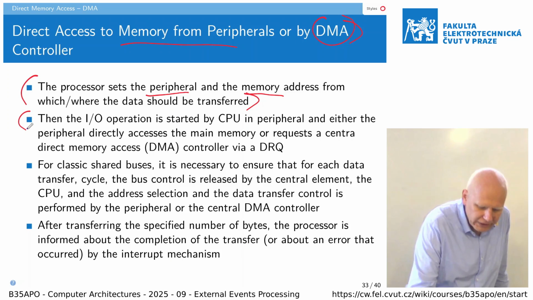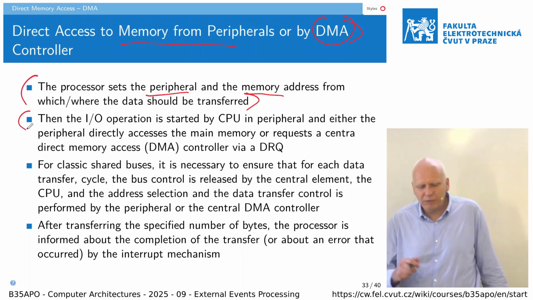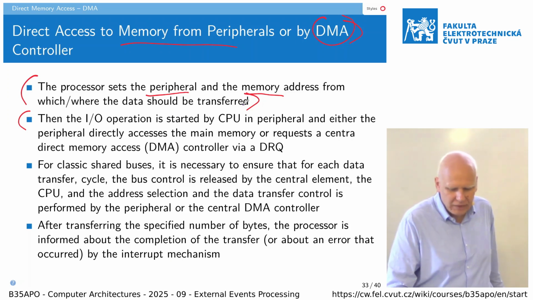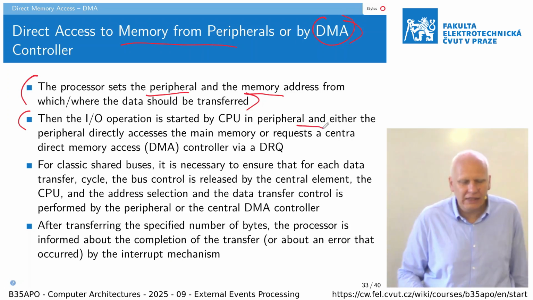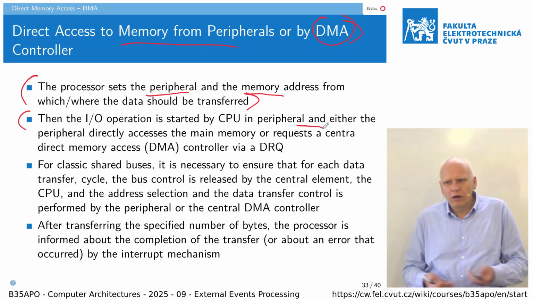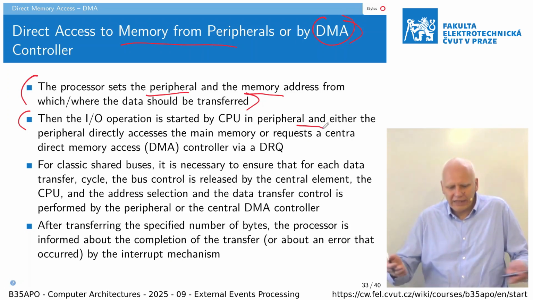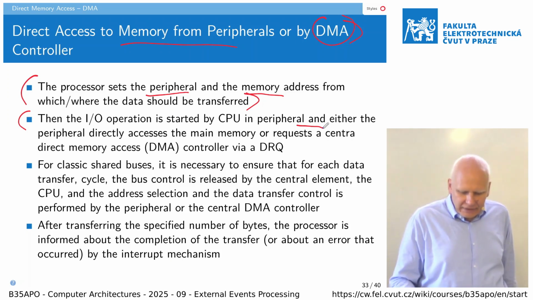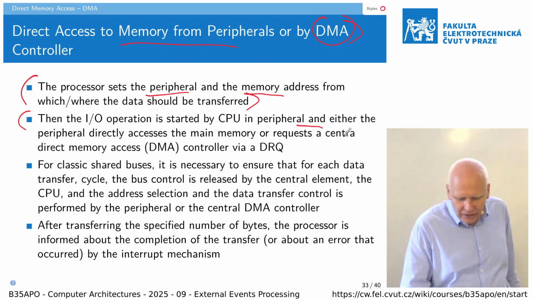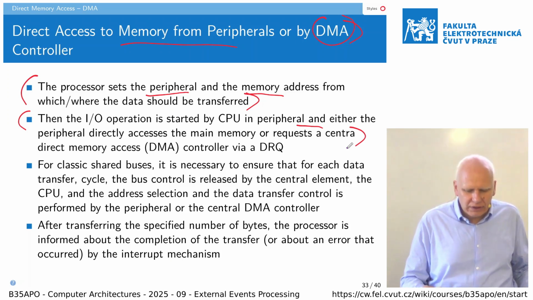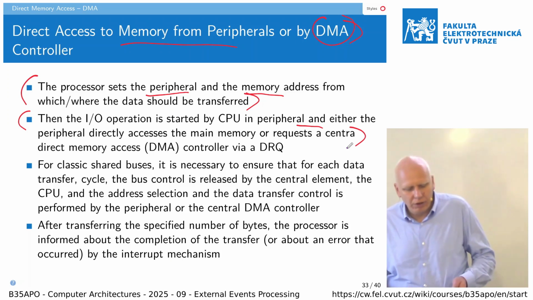Then the processor uses some command register or another mechanism to inform the peripheral that we want to wait, for example, for the arrival of one packet from the network or something like that. And it doesn't take care of the peripheral anymore.